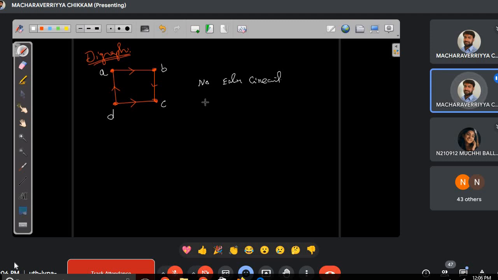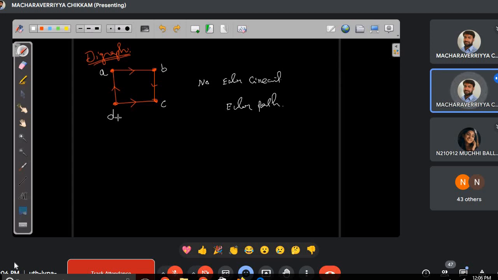So how about an Euler path? Does it have any Euler path? No. Max you can travel these three. That's it. So you can't travel on DC. The maximum length of a simple path here is 3.